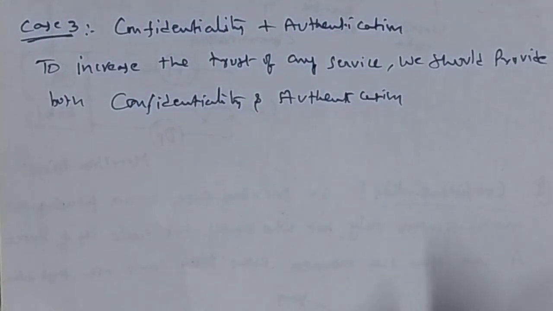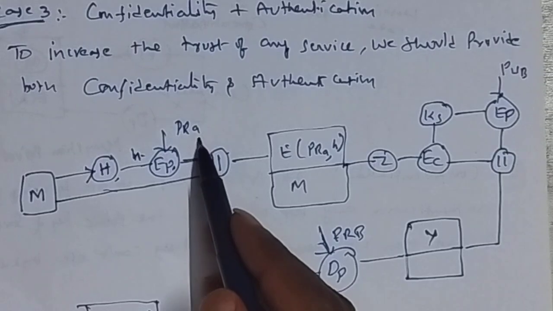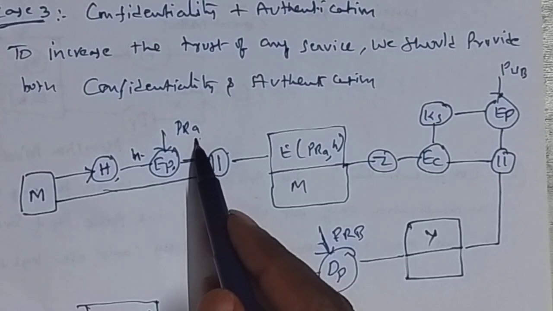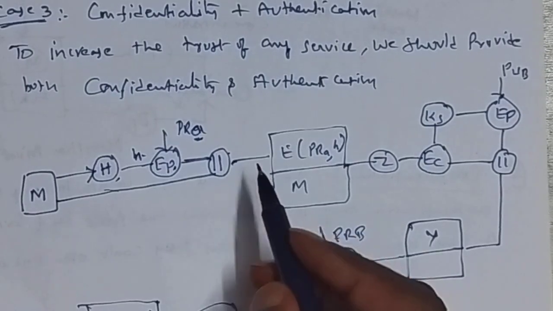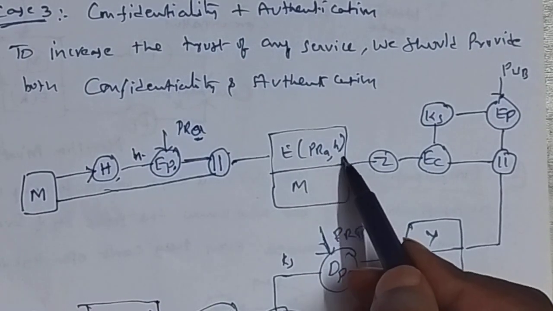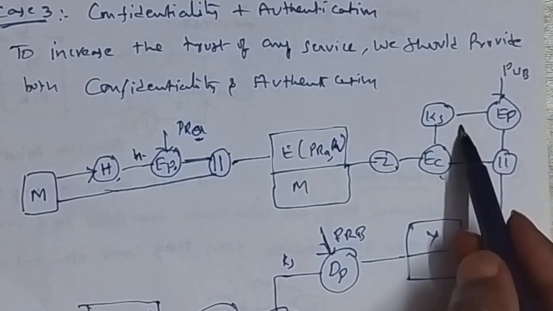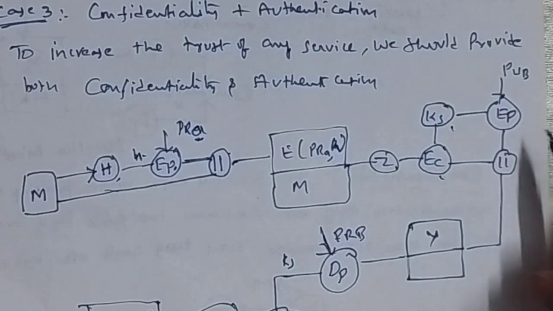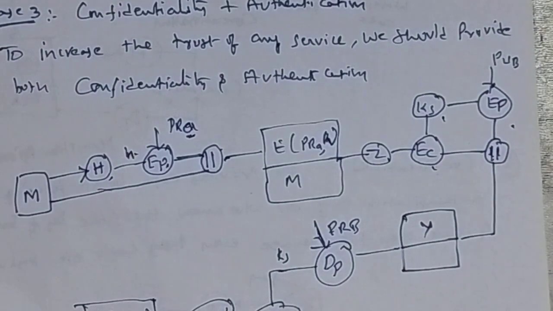Okay, in the third case we have the message with the hash code, and that hash code goes through the encryption algorithm with the private key of A. Then concatenation with the same message, then zipping and encryption with the secret key, again concatenation, and finally we compare DP with the hash code.